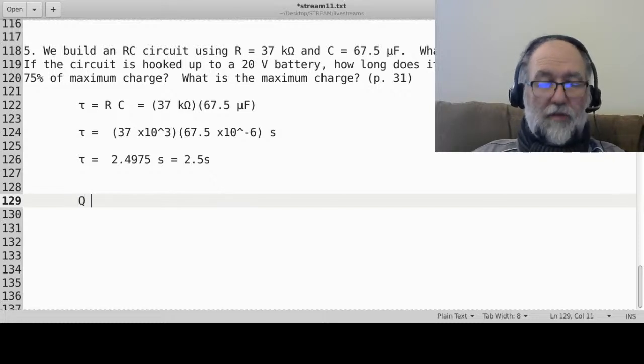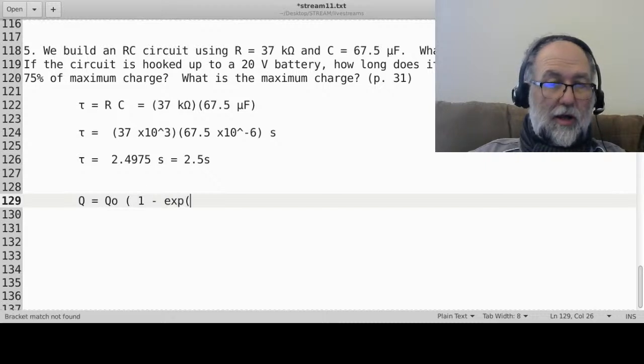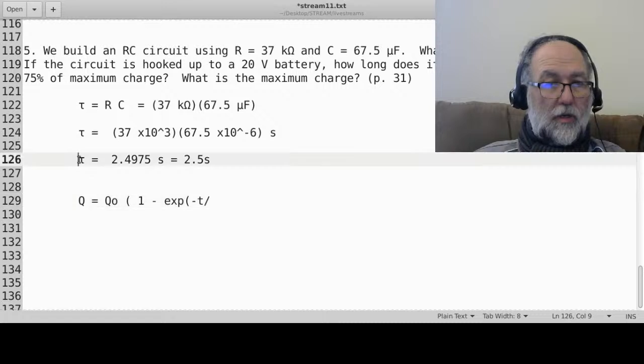Q, the charge at any given time, is going to equal Q naught, which is Q max, times 1 minus the exponential of negative t divided by tau.